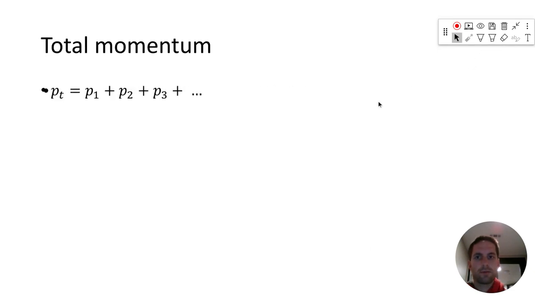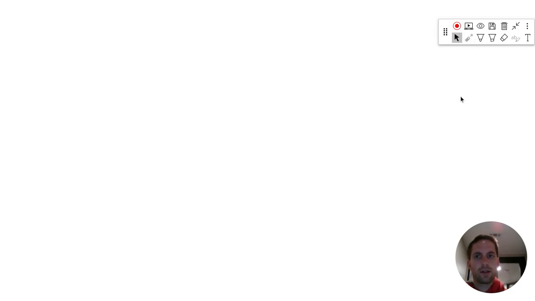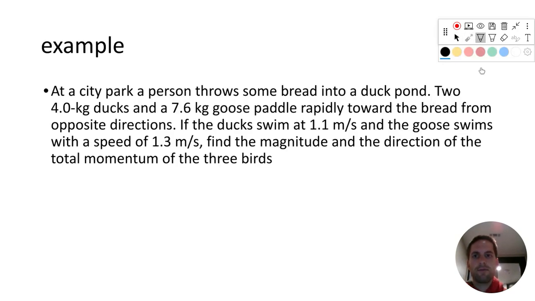So, last example, because we talked about total already. We have this city park, and for this, I'm going to say the ducks will be swimming in the positive direction. It doesn't tell us which one should be positive or negative, but since we have the magnitude here, it's not going to end up mattering.